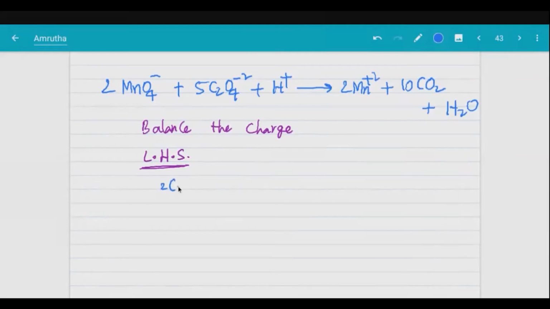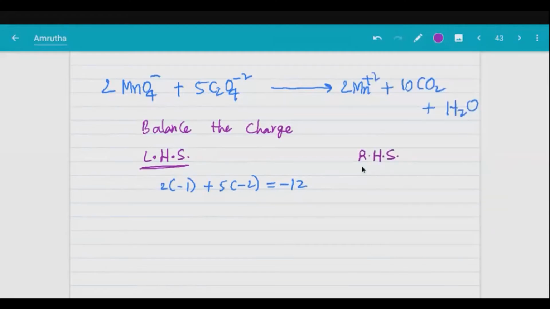So 2 into minus 1 plus 5 into minus 2 plus 1 into H plus. Or you leave this, we can balance this H plus later. Don't write H plus, we can add H plus later. LHS: 2 into minus 1, 5 into minus 2. How much is it? Minus 2, minus 10. So minus 12.